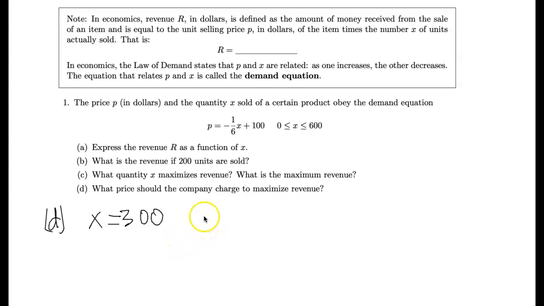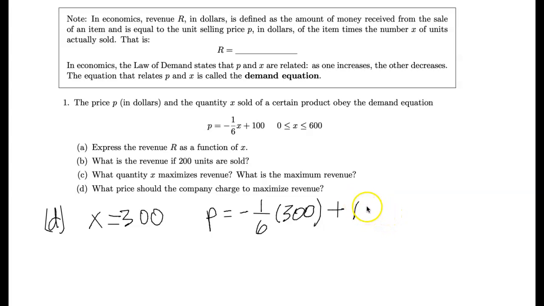We're looking for the price, so we want to find P equals -1/6 times 300 plus 100.